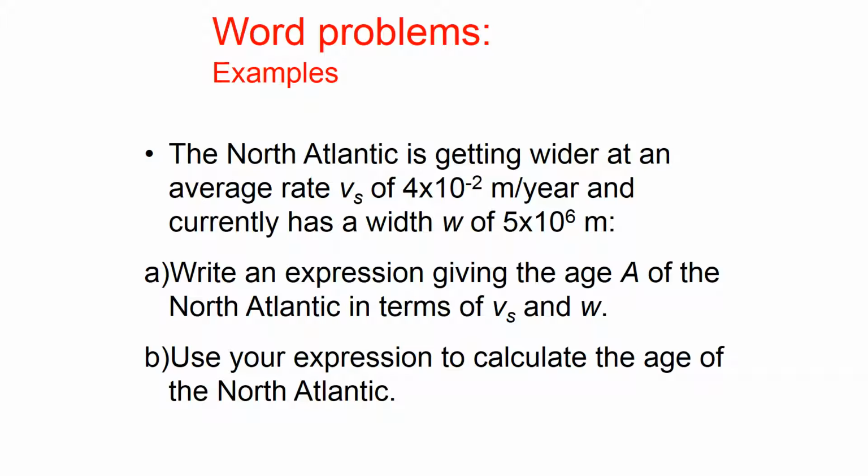We've got 10 to the 6 divided by 10 to the minus 2, and 5 divided by 4. 10 to the 6 divided by 10 to the minus 2 is 10 to the 8. And what's that in millions of years? 25 million years.